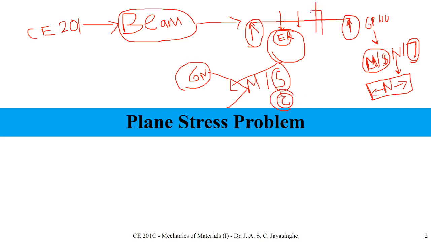For a symmetric beam cross section, like a rectangle, the normal stress varies like this, depending on your loading arrangement, and the shear stress varies like this. So now we know the variation across the beam section.